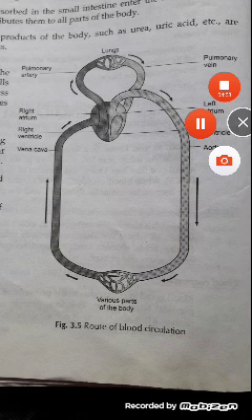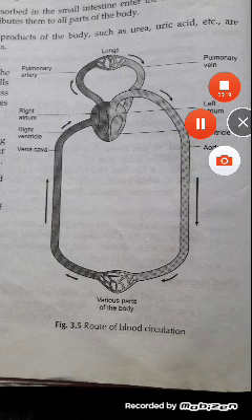They are all connected to form one continuous closed system. Previously we only named those vessels, but today we will discuss one by one the structure of these vessels.